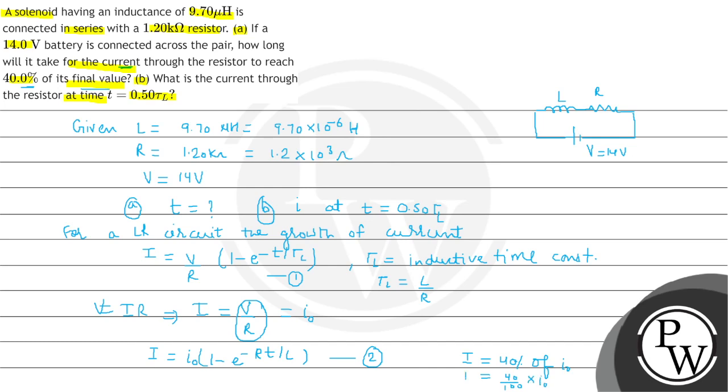So on substituting the value of I in equation 2, we get 40 by 100 I naught is equal to I naught times 1 minus e to the power minus R t by L. So I naught and I naught cancel, the zeros cancel, and 4 by 10 is 2 by 5. So this is 2 by 5 equals 1 minus e to the power minus R t by L.